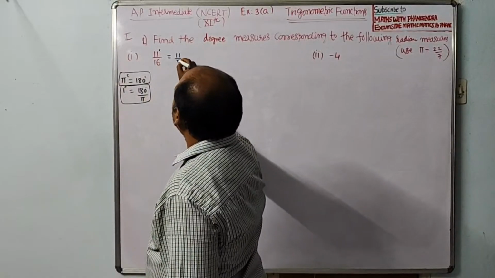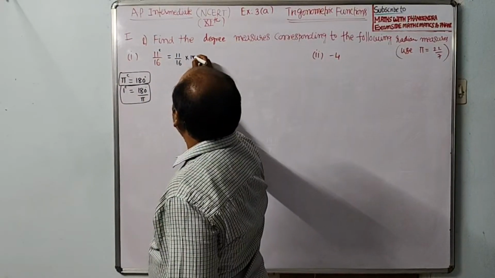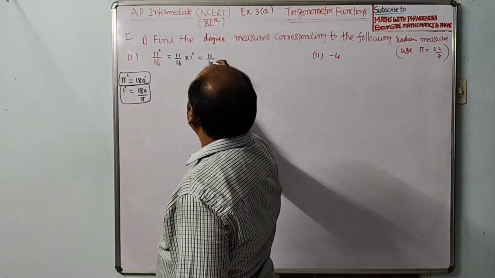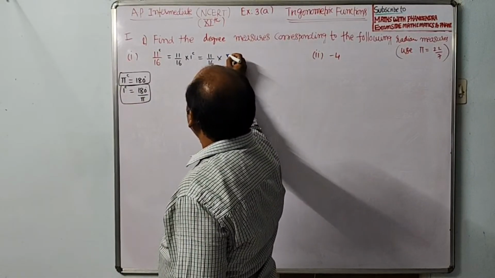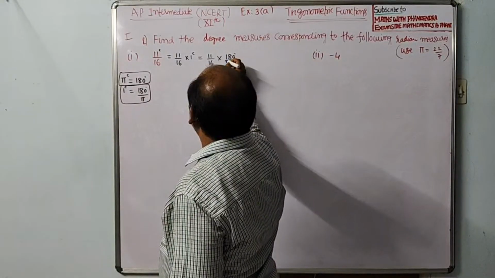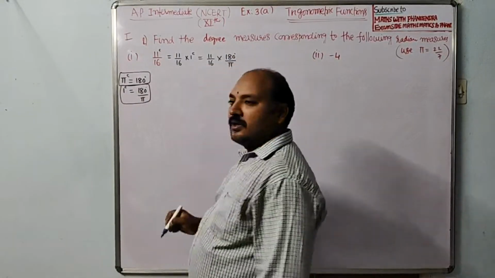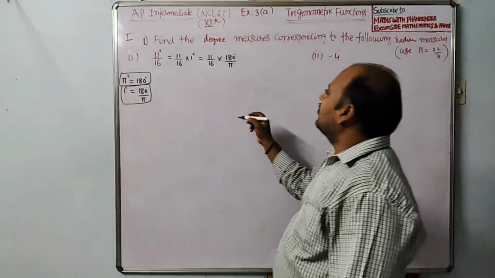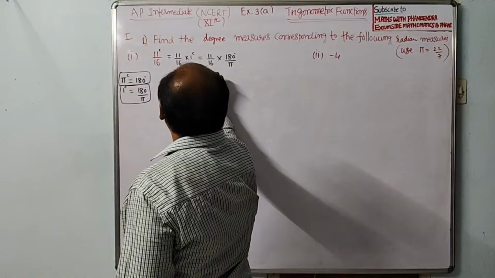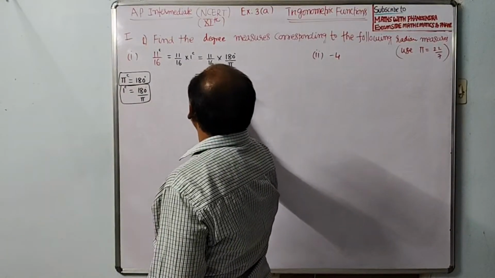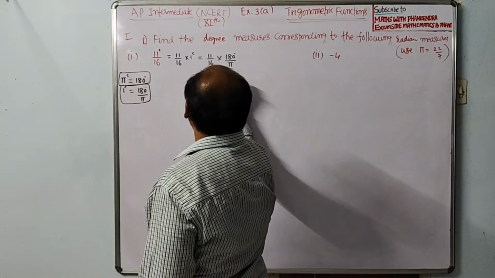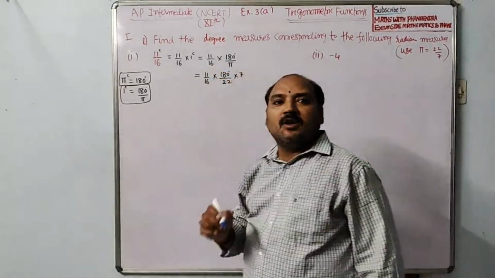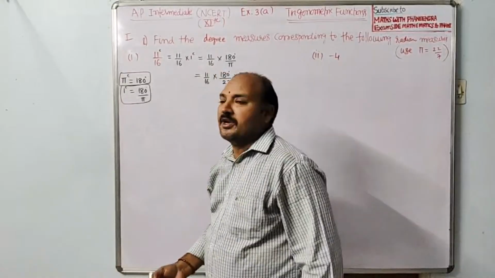So 11 by 16 into 1 radian. 1 radian can be written as 11 by 16 into 180 degrees divided by pi. They are asking to write the pi value as 22 by 7. So we can write it as 11 by 16 into 180 degrees by 22 by 7. Means 7 will become a numerator. Why? Because denominator of a denominator.